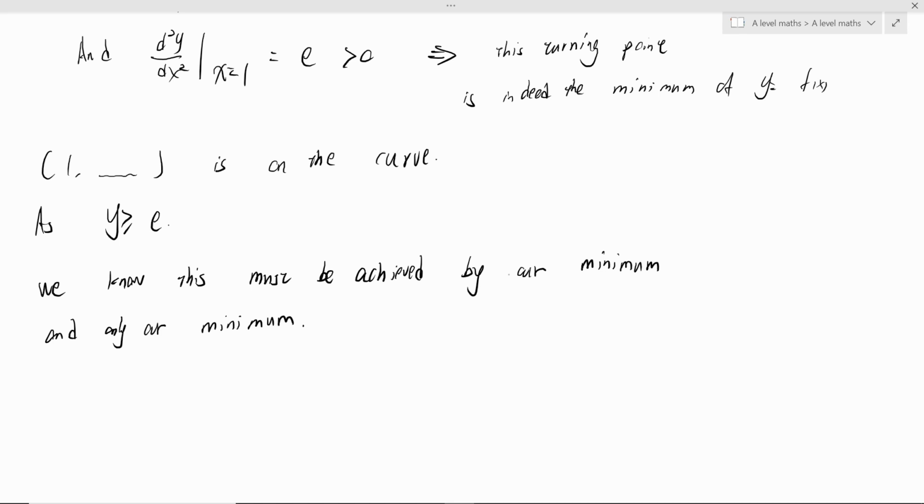So that implies our coordinate is (1, e), okay? So this is the initial condition that we're starting with.